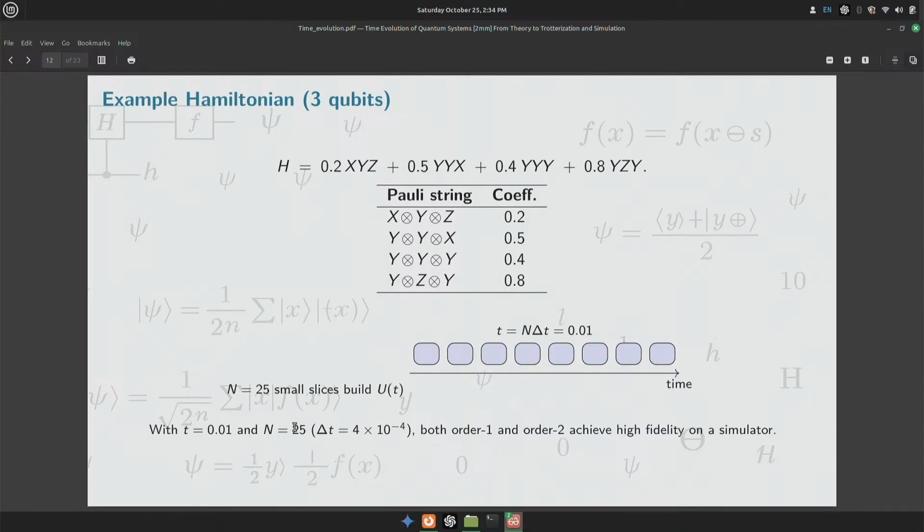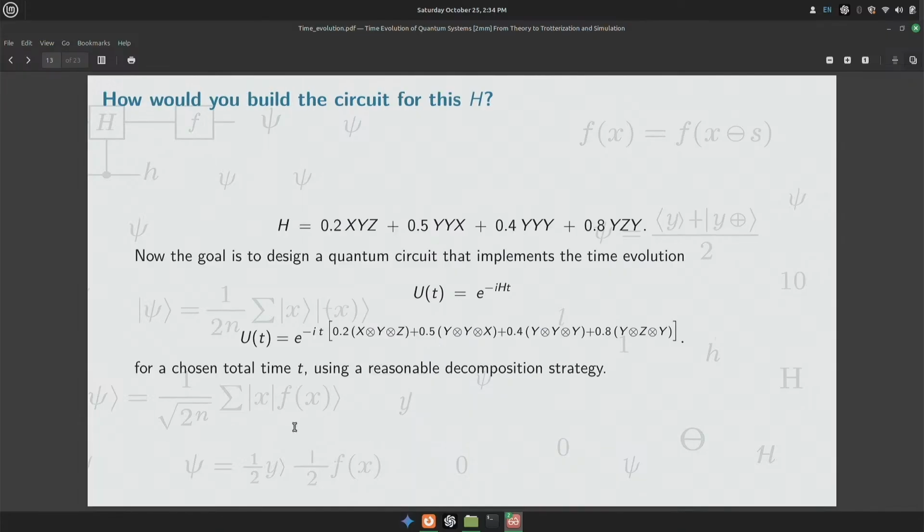Both order one. What exactly will I get is, as I said, my unitary operator.